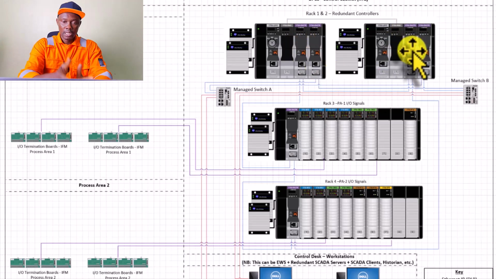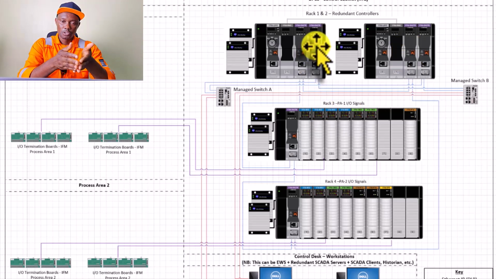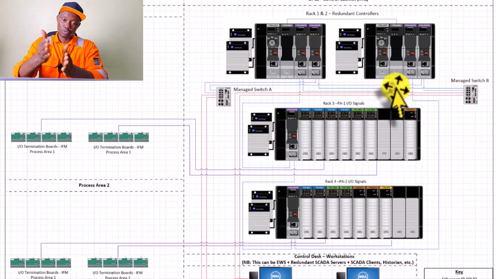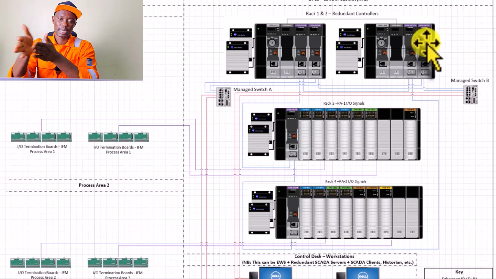The same IP address. The same thing is applicable to the second Ethernet module, which is for the SCADA communications. You put it on a separate network and assign an IP address, and that same IP address you assign to this particular one will still be the same you assign to the second Ethernet module on the second rack, on the redundant controller rack.